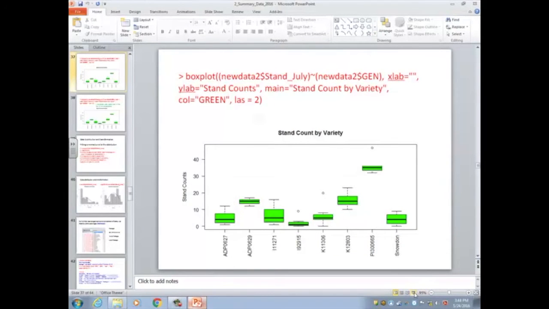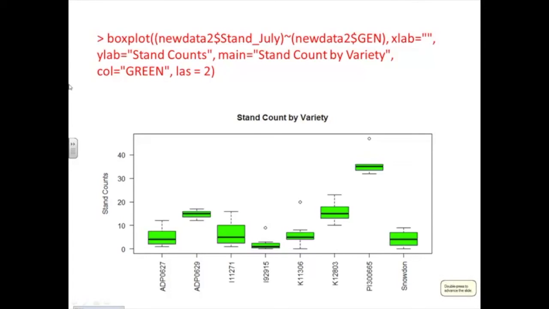Okay, so what we've done is we've partitioned the data, and now we can do a box plot of that new data focusing on the stand counts in July. And we can use the genotypes there to look at it.